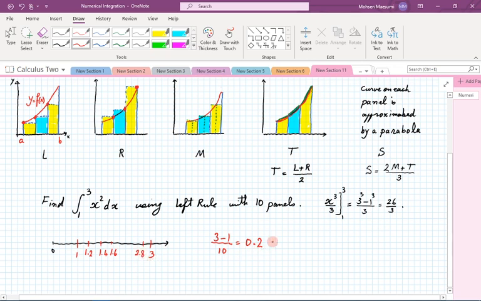This 0.2, which was obtained from b minus a divided by the number of panels that is given to me, typically shown by n, has lots of nicknames. One nickname for it is h, another nickname is delta x, and some other nicknames are also in use. So the first thing to do is to find your h or delta x. If you have 10 panels, how wide is each panel? Simply b minus a divided by the number of panels you want.